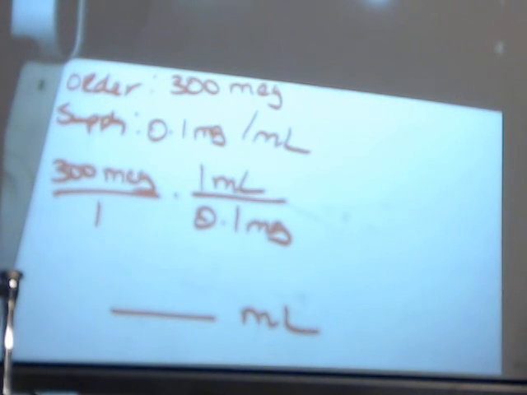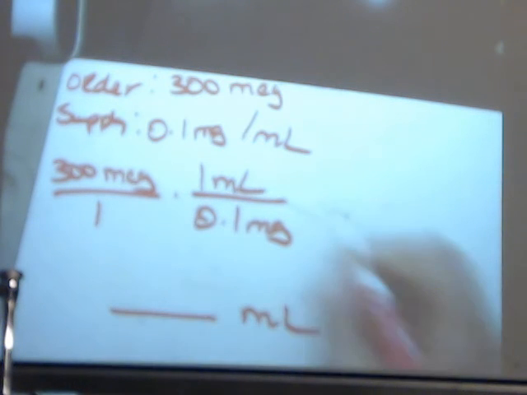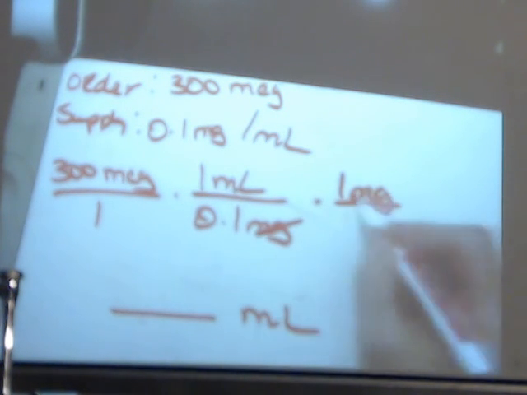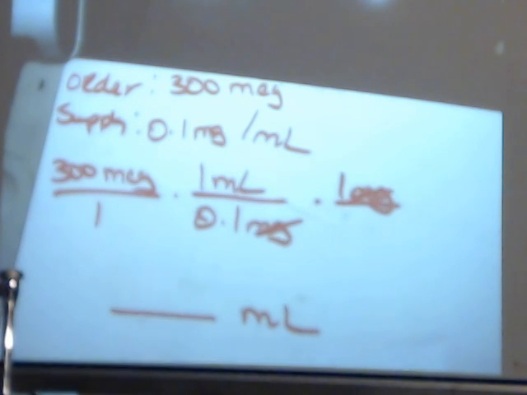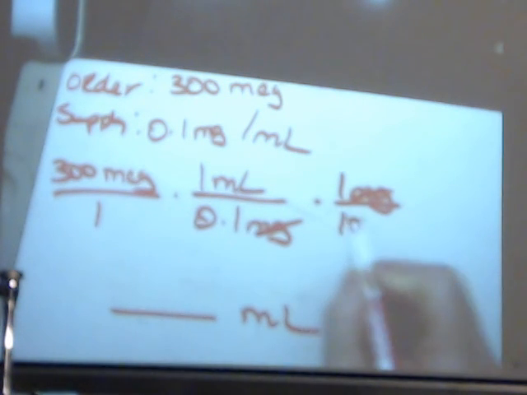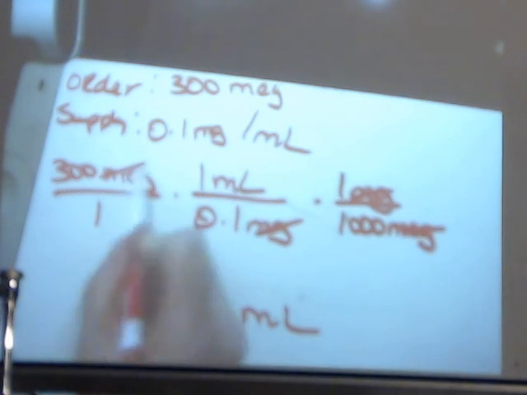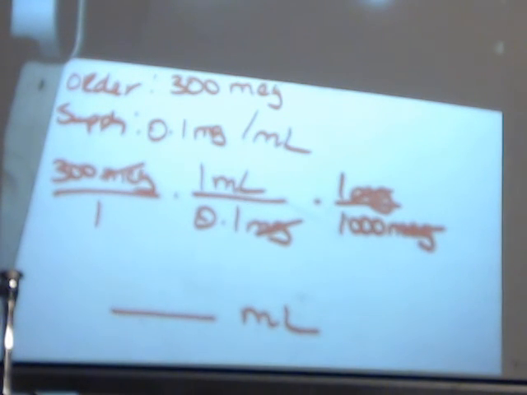Micrograms and milligrams, you have to put in a conversion. So 1 milligram, because we're going to put that on top so we can get rid of it, and we're going to put our microgram on bottom so we can get rid of our micrograms, is 1,000 micrograms. So now I've got rid of my micrograms. Now the next thing we're going to do is multiply all the way across the top.